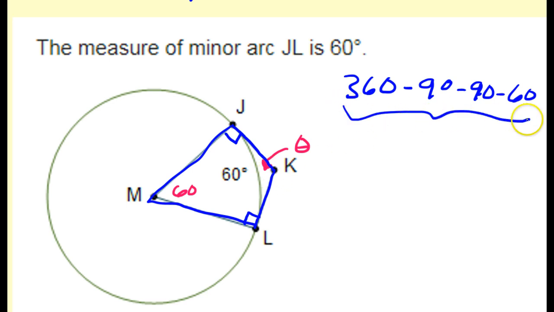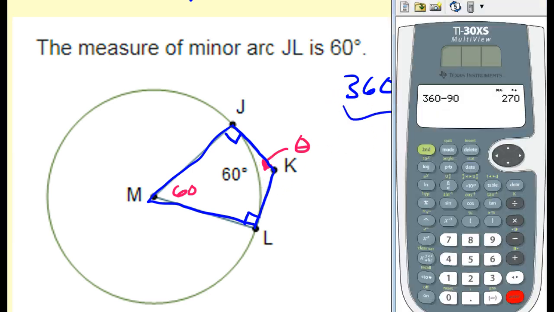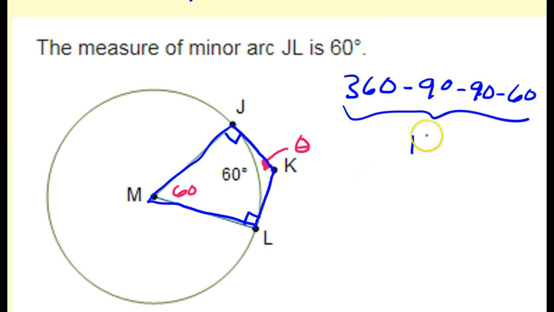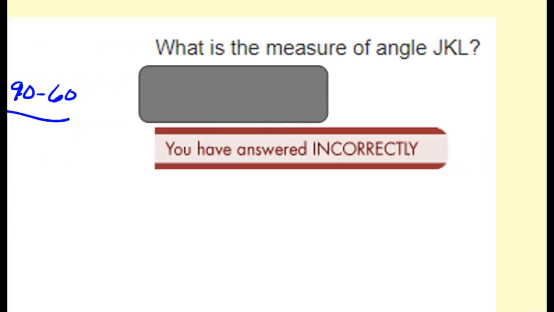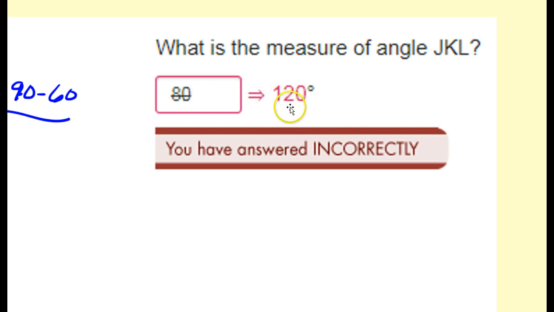So this should give us the answer. So the answer should be 120 degrees. And there you go.